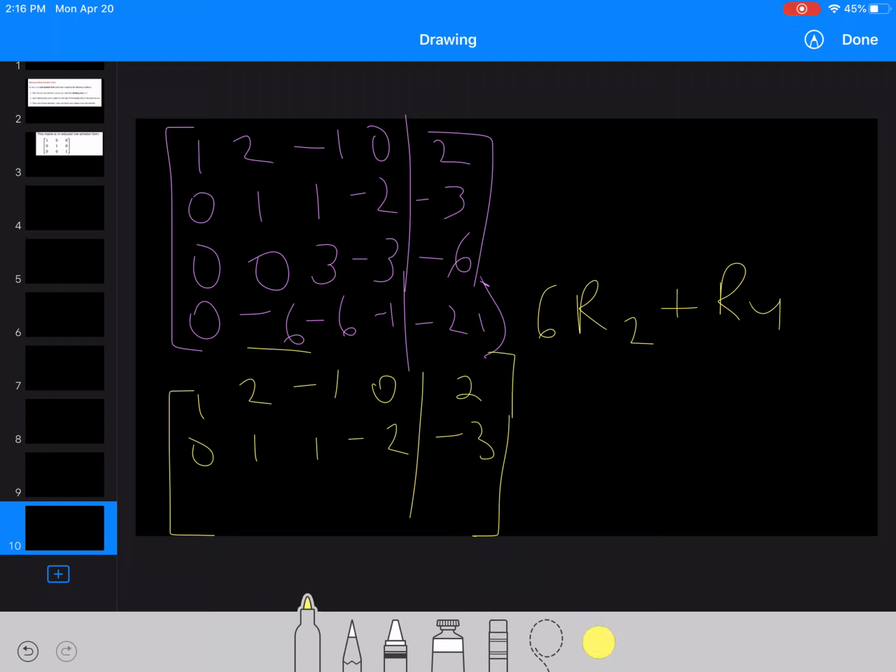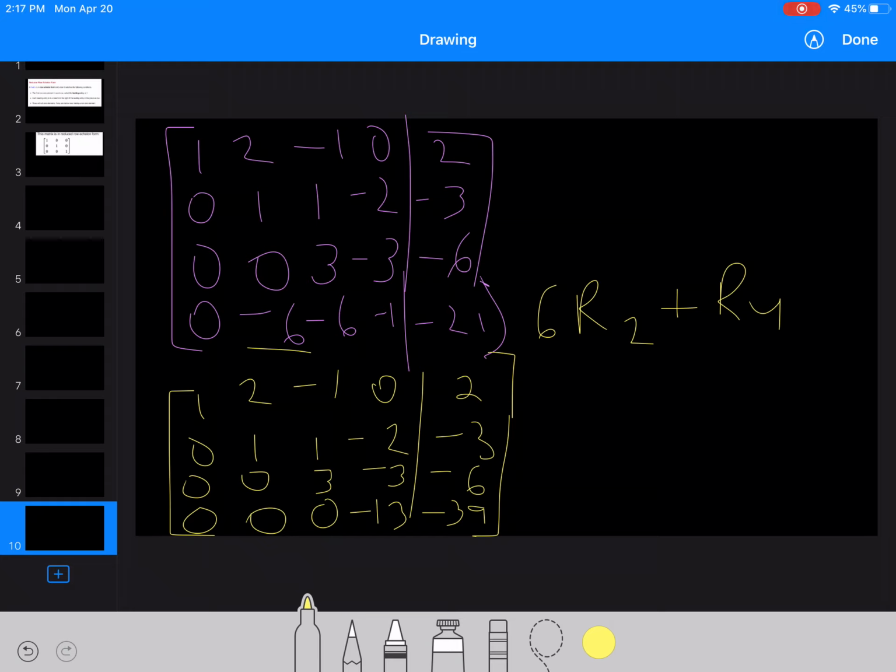Okay, so R3 didn't change either. But R4 definitely changed because we wanted it to change. We wanted to get rid of that term there. So now I have negative 13 and negative 39. All right, so we're almost there.